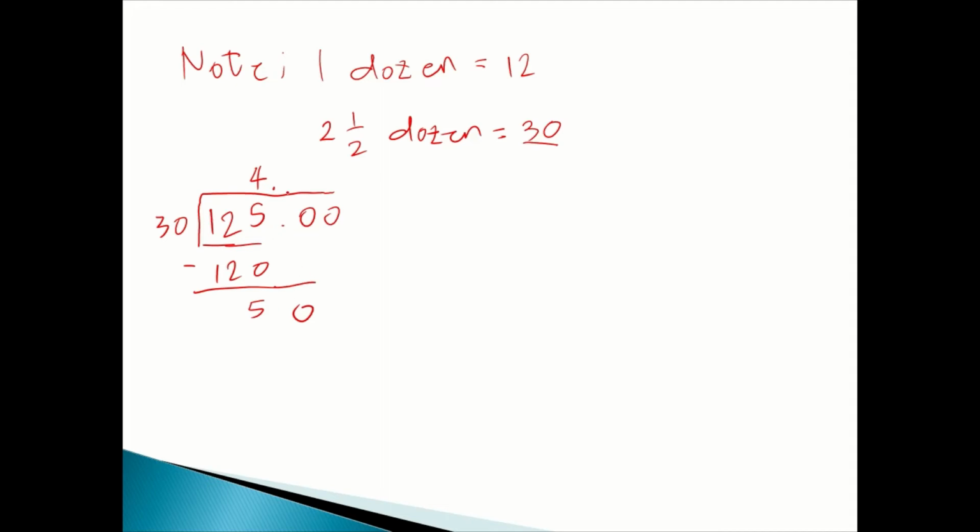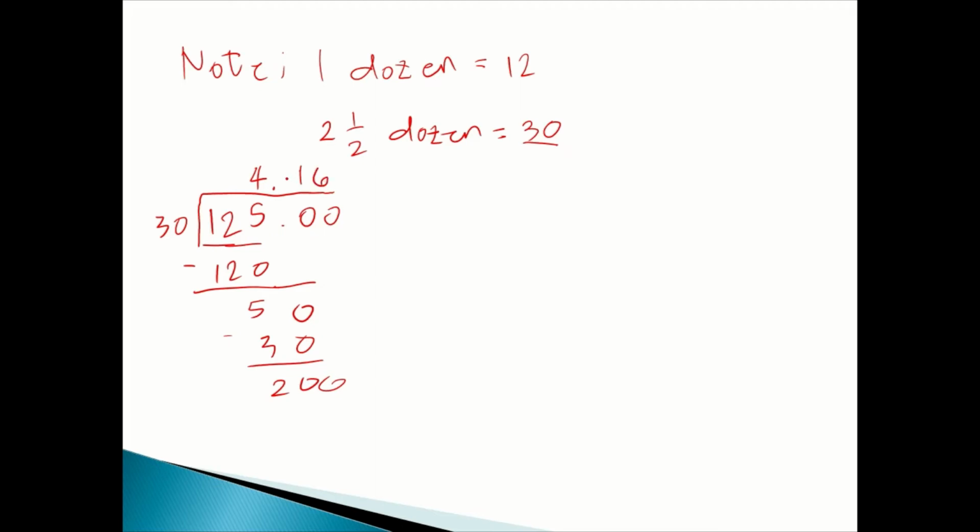So 50 divided by 30 is 1. 1 times 30 is 30. 50 minus 30 is equal to 20. We cannot divide 20 by 30, so we bring down 0 again. Therefore, 200 divided by 30 is equal to 6.